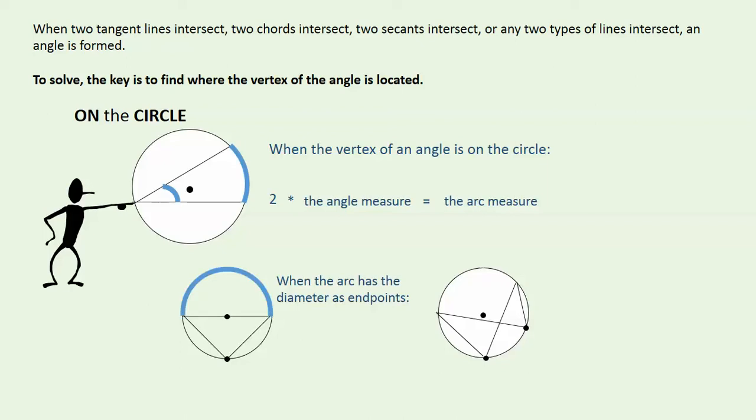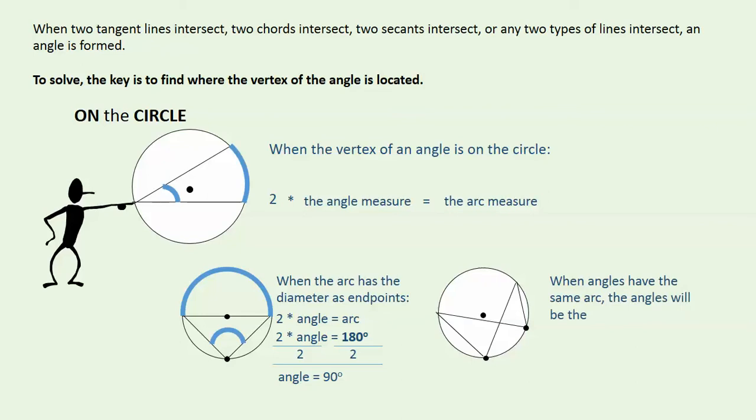Because half of a circle is 180 degrees, and 2 times the angle equals the arc, 2 times the angle is going to equal 180 degrees. So dividing both sides by 2, we find that when the arc has the diameter as endpoints, the angle across from it will be 90 degrees.